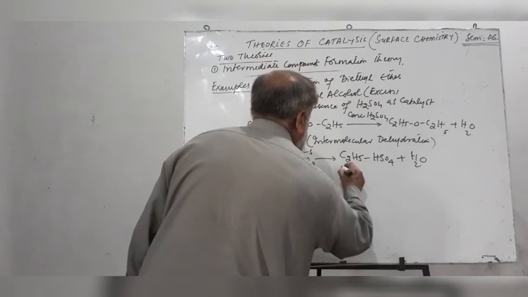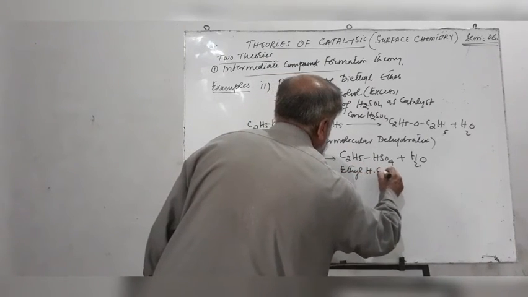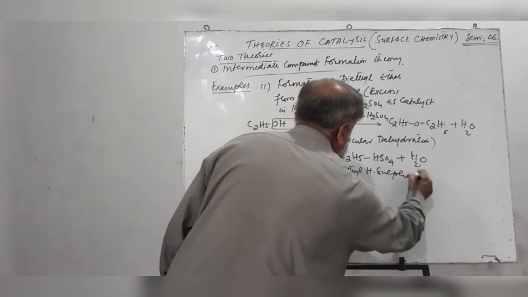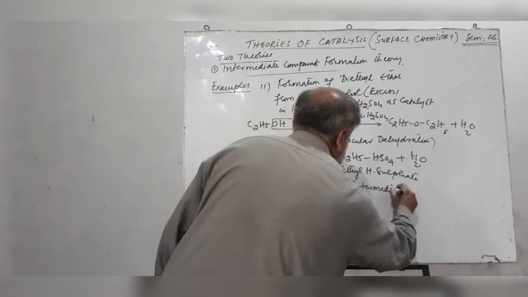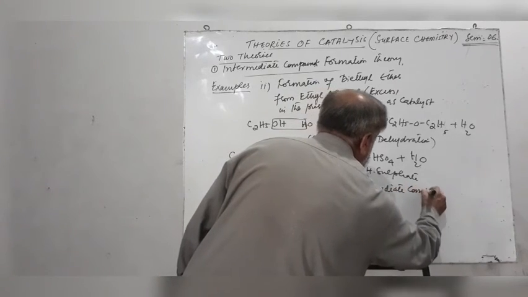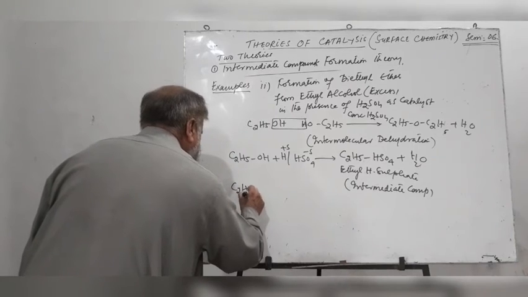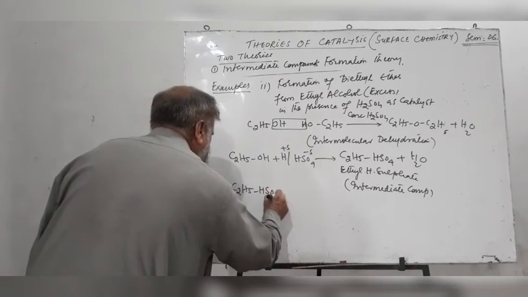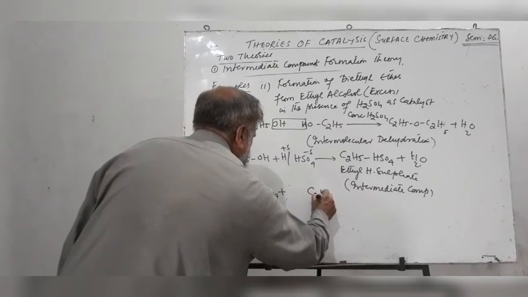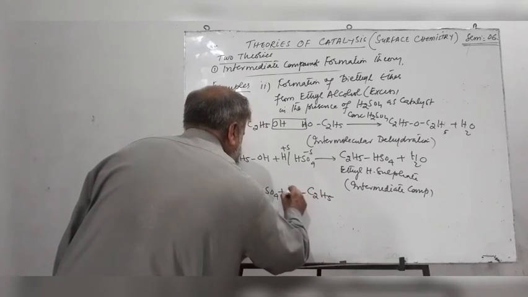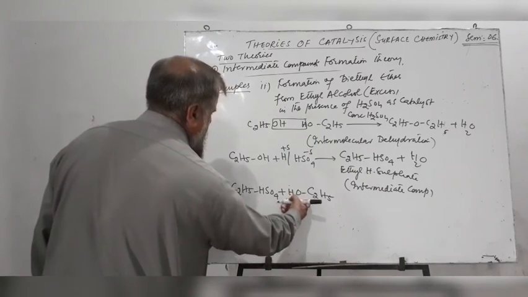It is ethyl hydrogen sulfate, which acts as intermediate compound. Now this intermediate compound, ethyl hydrogen sulfate, C2H5HSO4, then reacts with another molecule of ethyl alcohol which is used in excess. This second molecule is acting as reactant B.